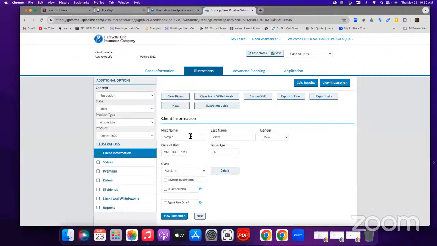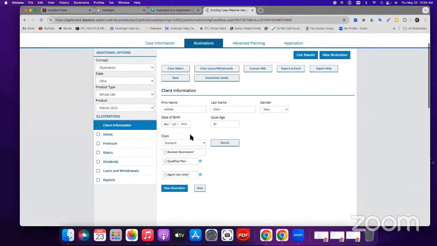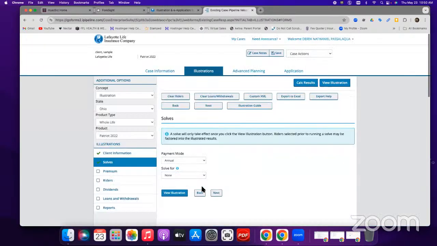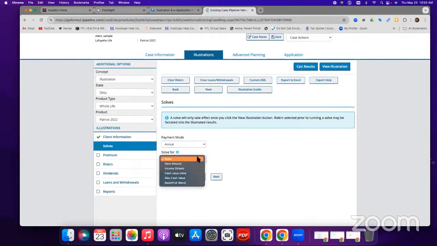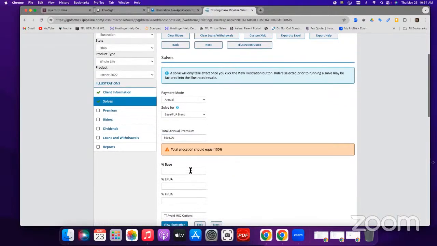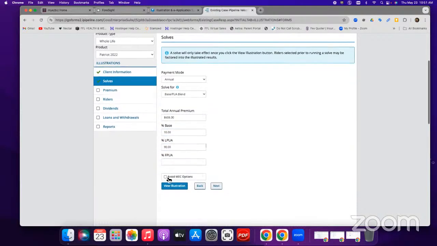All right, now it's super simple here. And I'm just going to show you the properly designed policy here. All right, so we're not going to touch anything here. We're just going to go to the next page. And we're going to solve annual. And we're going to do a base PUA blend. Our total premium is going to be the same, 608. And we're going to have a 10% base with a 90% LPUA.